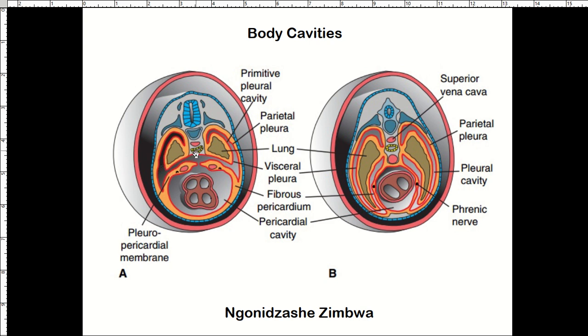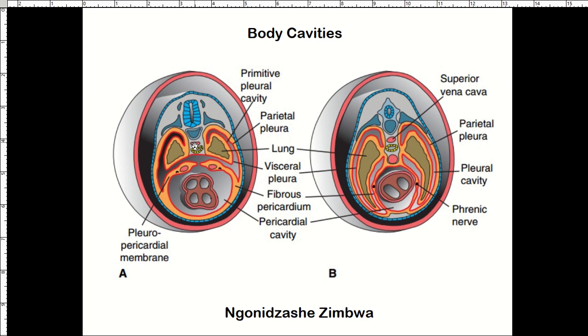And then you're going to have your abdominal cavity, or let me say your peritoneal cavity, where you're going to have a space where the abdominal viscera are going to be suspended into this peritoneal cavity.